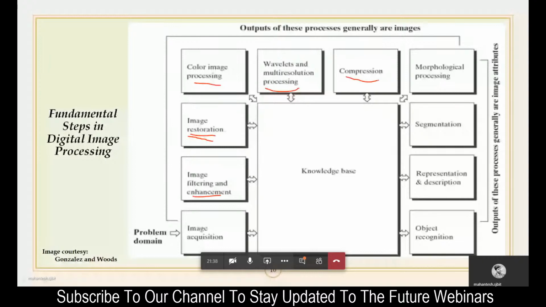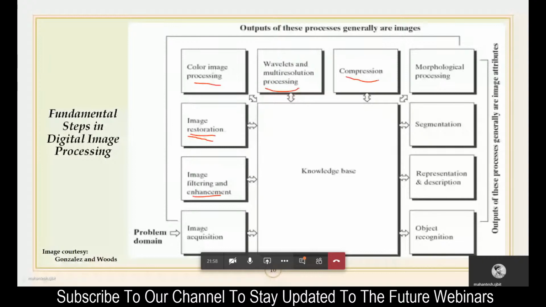Representation and description almost always follow the output of segmentation, which uses raw pixel data constituting either the boundary of a region or all the points in the region itself.